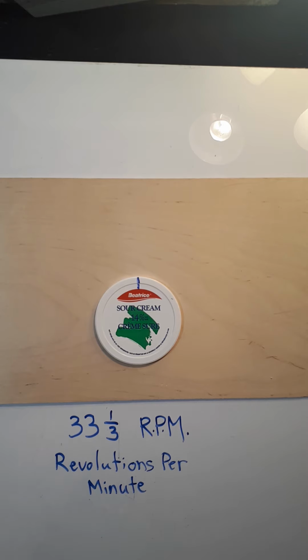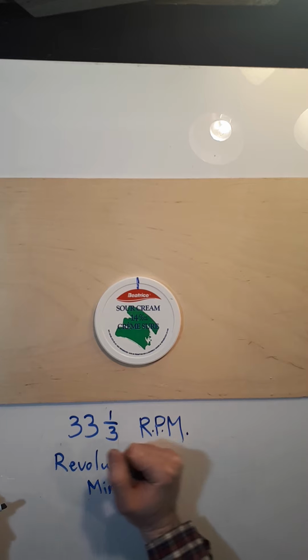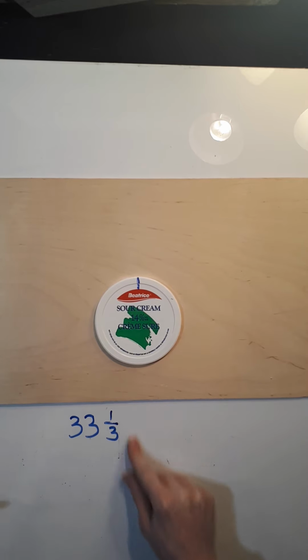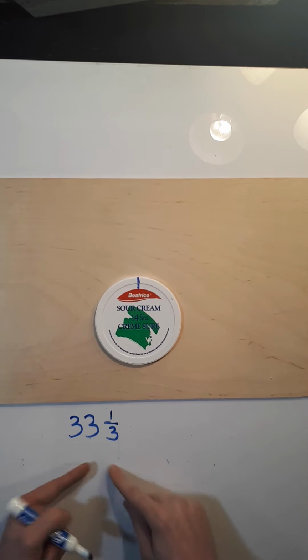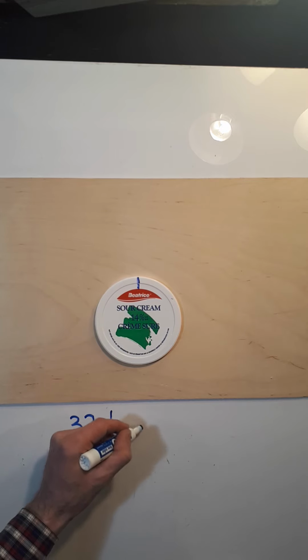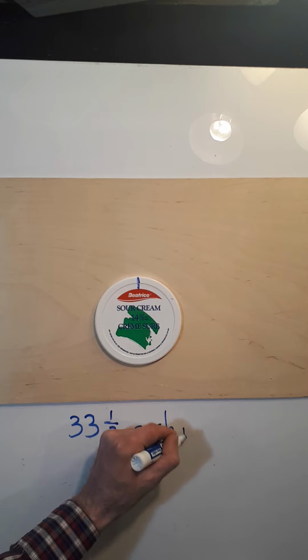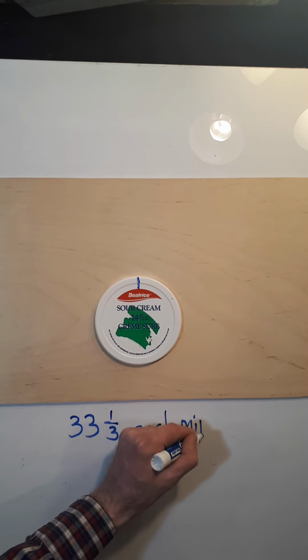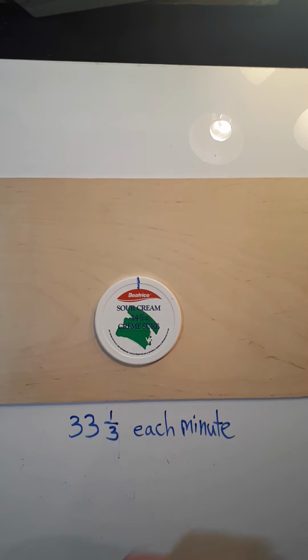Okay, so I've got a question, thinking about our estimating. If it turns 33 1/3 times each minute, then how many minutes does it take to turn 100 times? Let's see.